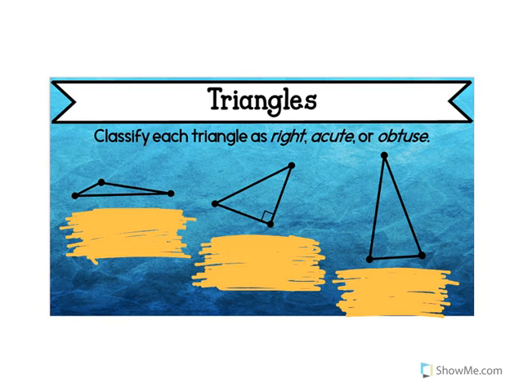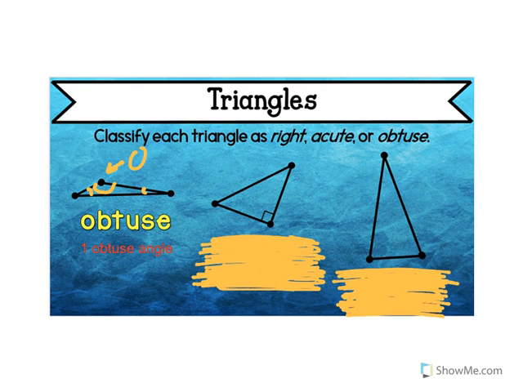Okay, so by now if you're watching the video, you should have already tried them on your own and you should just be checking your answers. So if I look, I see an acute angle, and then an obtuse angle. Because there is an obtuse angle, that automatically makes this an obtuse triangle. One obtuse angle makes it an obtuse triangle.